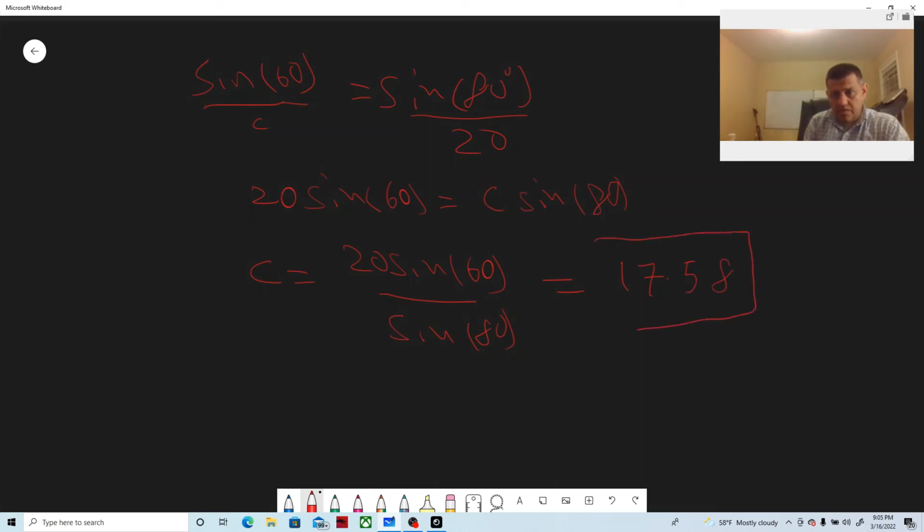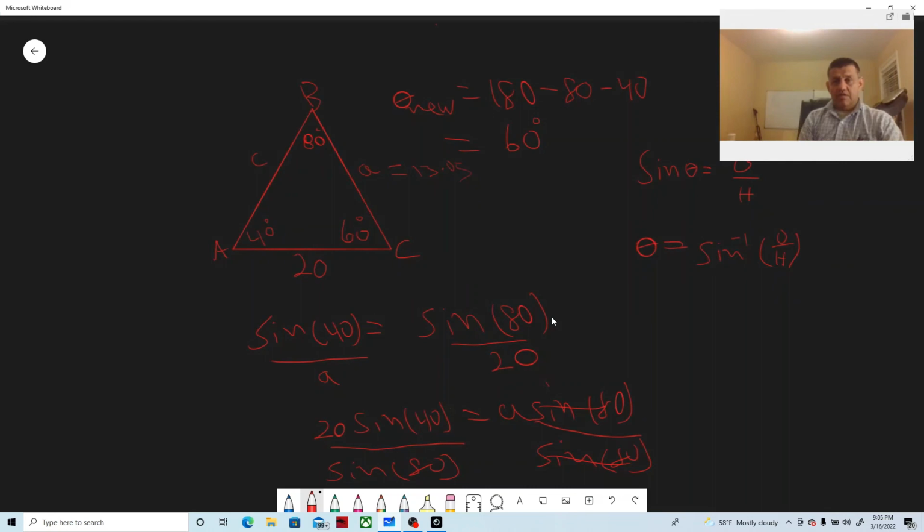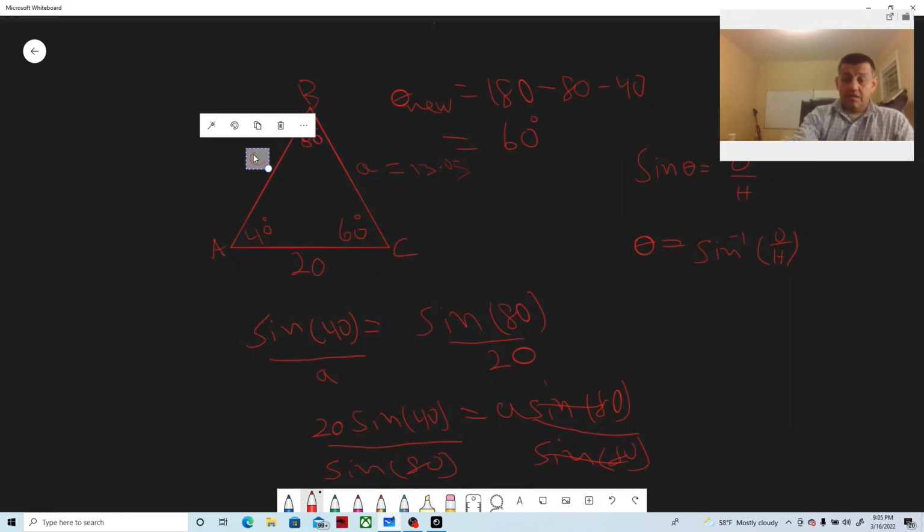That is C. In this triangle, we'll have something like this: here, in this case, will be 17.58.